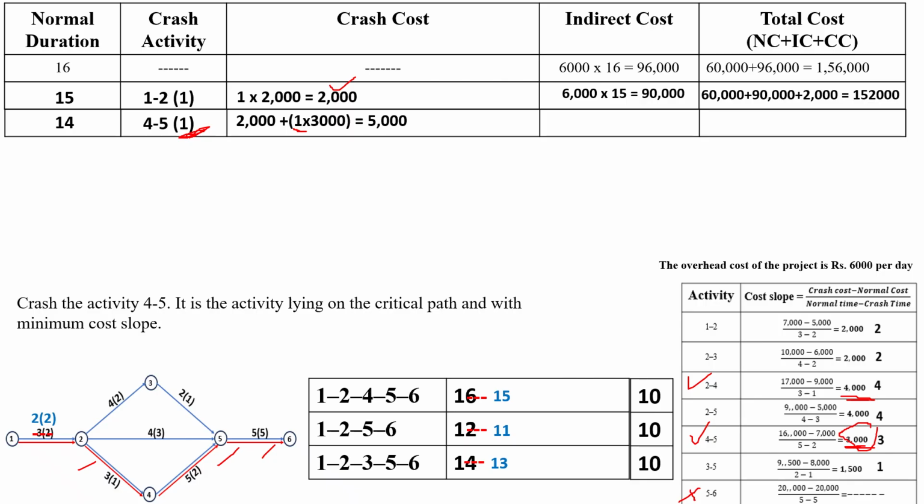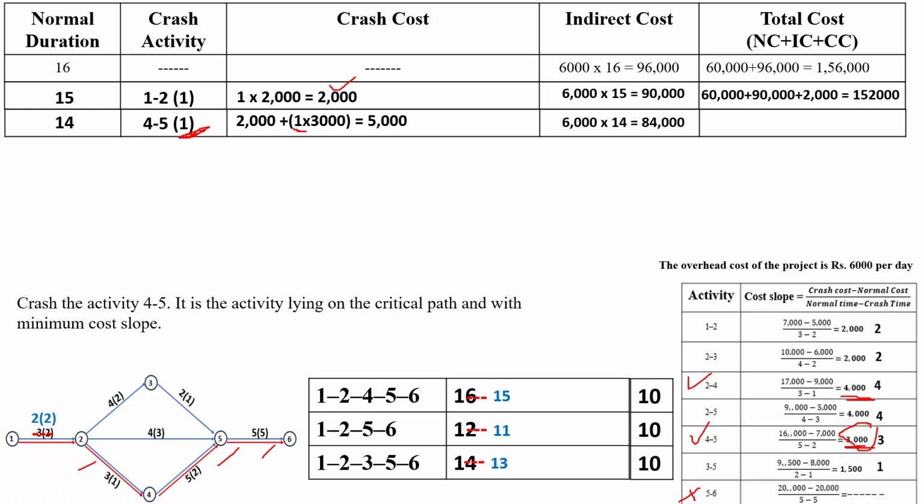So 1 into 3000. Then the crashing cost is 2000 plus 3000, which is 5000. Next is the indirect cost, which is the 6000 overhead cost, and the number of days now will become 14. So 6000 into 14, which is equal to 84,000.